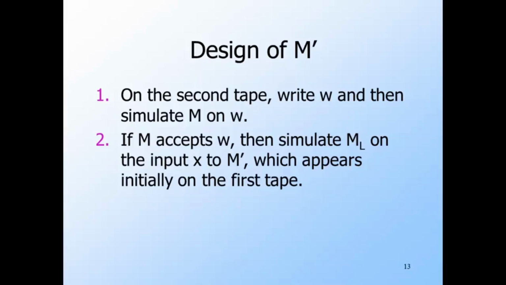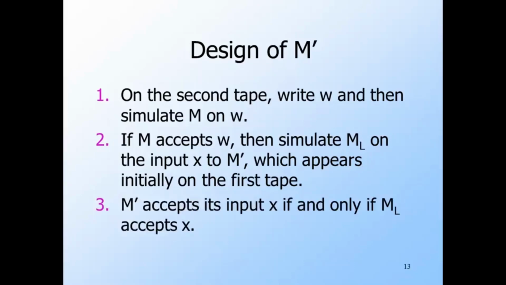Where does M prime get the transition function for M sub L? M sub L is a particular Turing machine, one that accepts a language L with property P. Thus, the transducer itself can be designed so that it writes the transitions of M sub L out as part of the transition function of M prime. If M sub L accepts the input X, then M prime enters an accepting state.